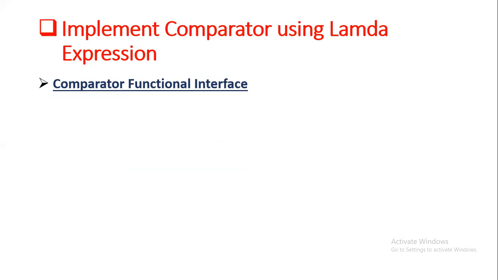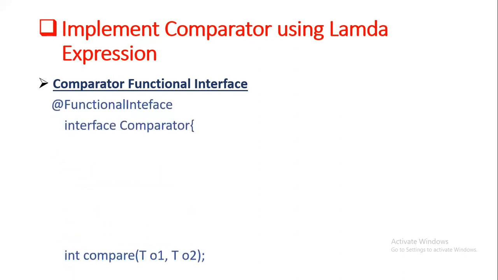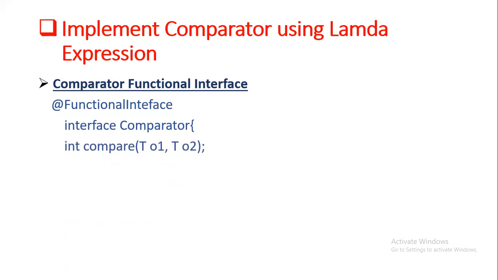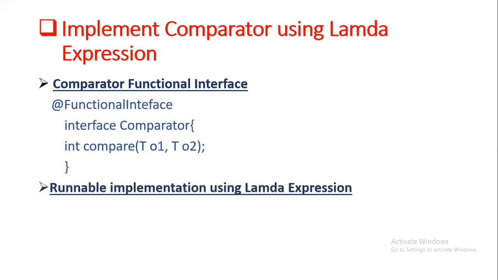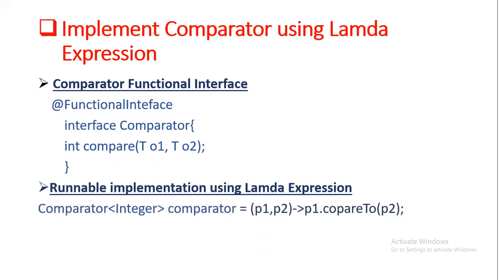So Comparator has only one abstract method, that's why it was made a functional interface. It has the compare method. It takes two parameters and returns an int. So how do we write a Lambda expression for this?